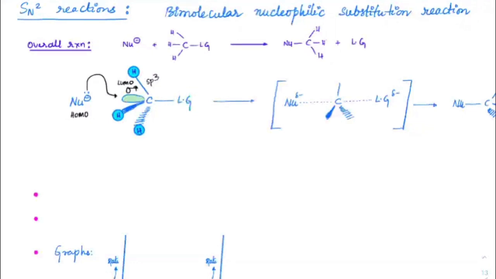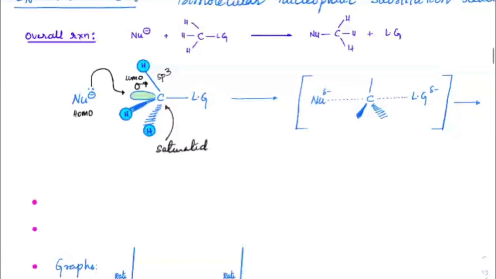Got it? So this is a saturated carbon on which there is a sigma star present, and this sigma bond will have its respective anti-bonding orbital on the opposite side in which the nucleophile is attacking, and this attack is the slow step. This attack is the slow step, and what we call the rate determining step.